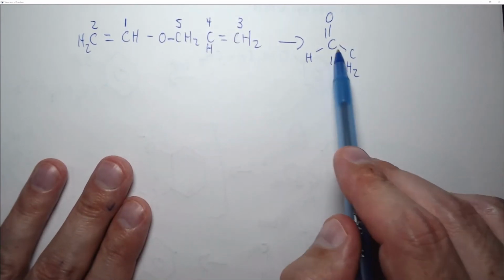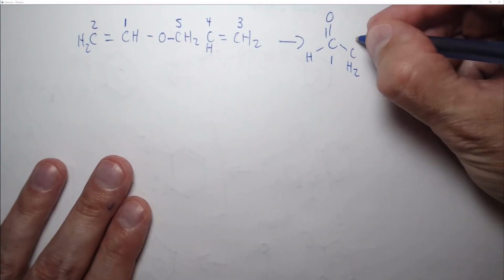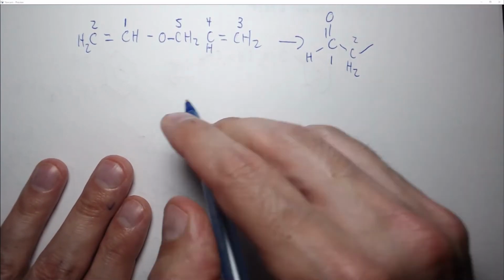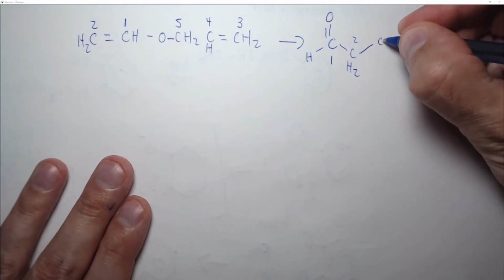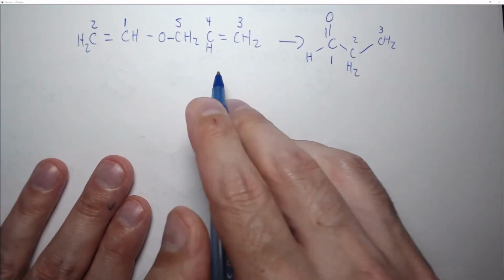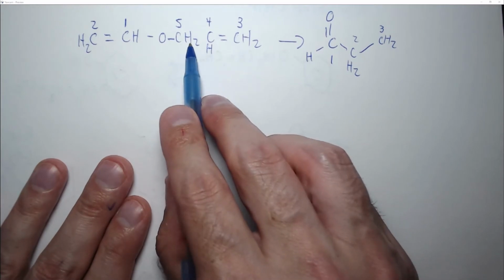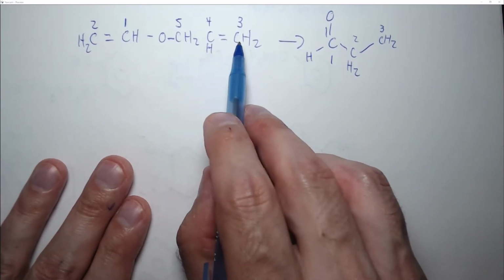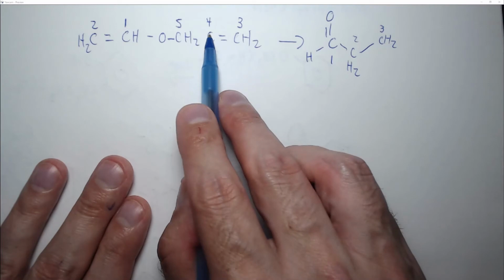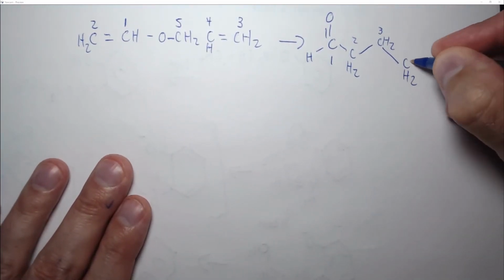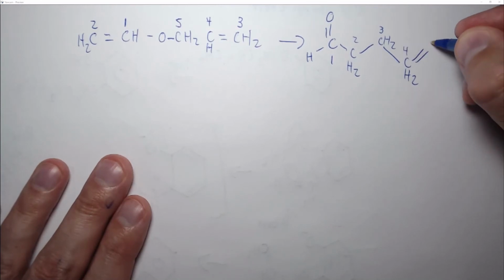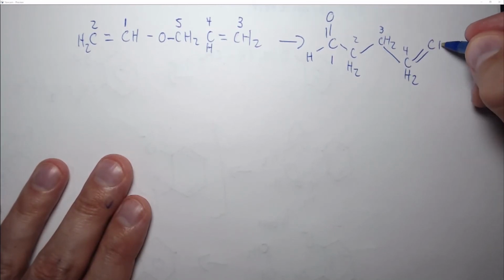So it's no longer a double bond between carbon 1 and carbon 2. Now carbon 2 is bonded to carbon 3, like so. This double bond shifts over, so there's no double bond between carbon 3 and carbon 4, but there is a double bond between carbon 4 and carbon 5.